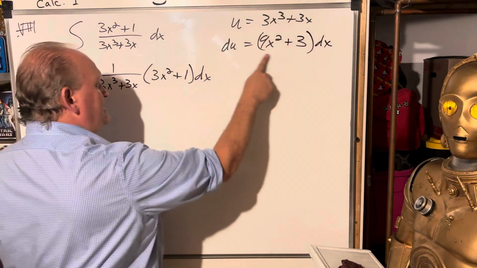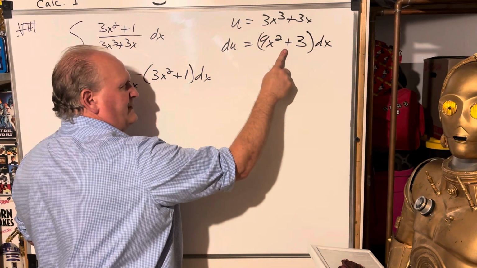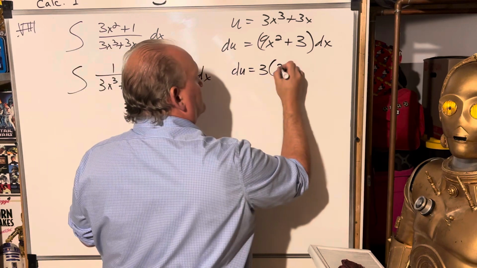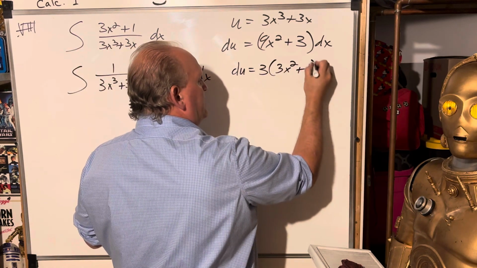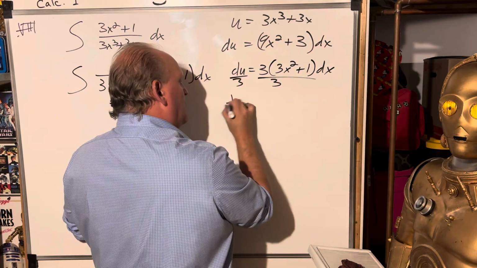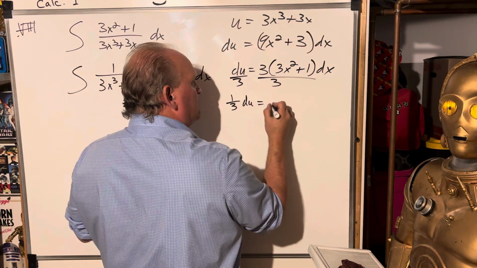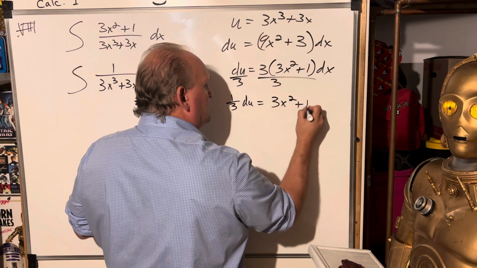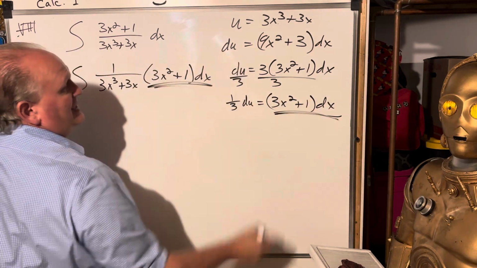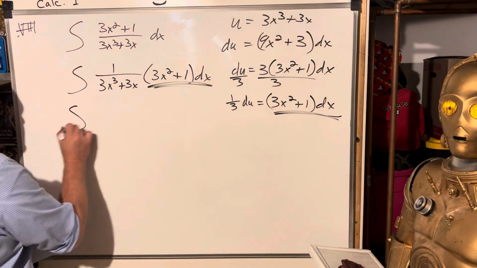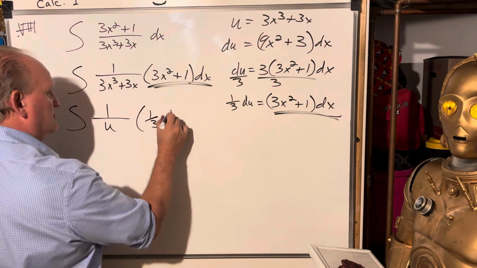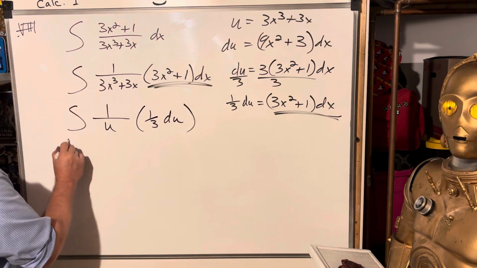And that is not that, but look carefully. It's only off by a factor of 3. And that we can fix by dividing out 3. So we got 1/3 du is equal to 3x squared plus 1 dx. And now this exactly matches that. So we can replace. We got 1 over u and we've got 1/3 du, and then the 1/3 goes out in front.